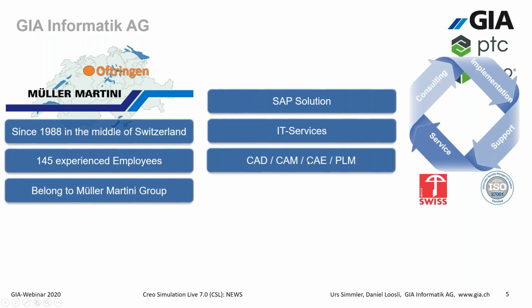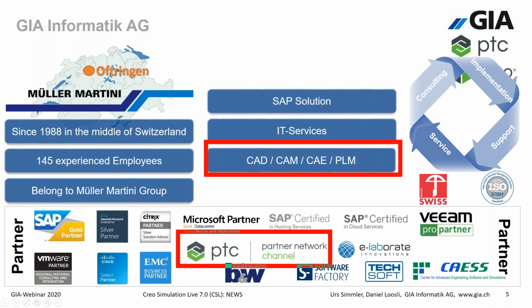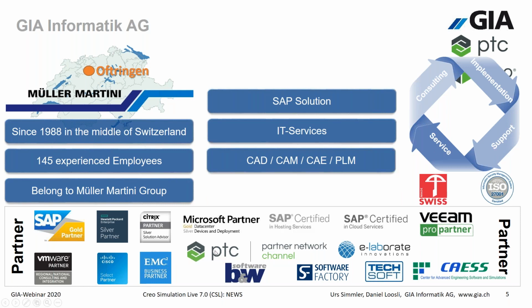And we'd like to support our customers, our successful customers. And in the CAD PLM environment, our main partner is PTC. And beside PTC products, we're also selling and supporting all the products from PTC partners in the CAD PLM environment.